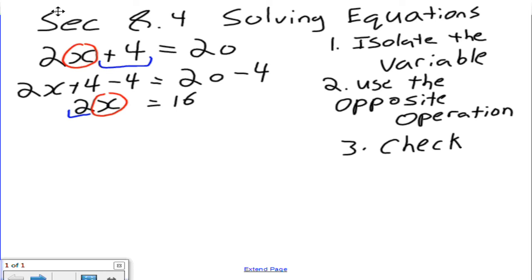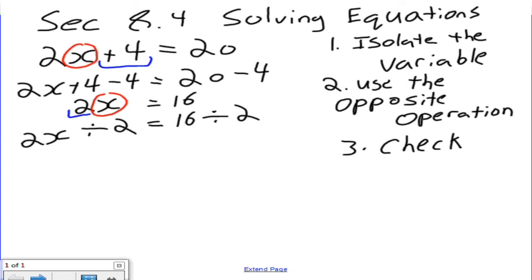So, I write 2x divided by 2 is equal to 16 divided by 2.